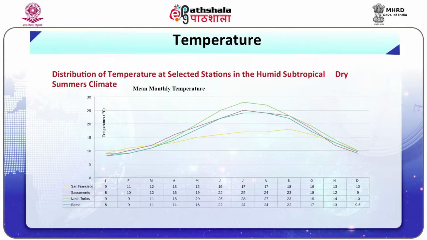Due to the absence of cold ocean currents in coastal parts of the Mediterranean Sea, summer temperatures are much higher. For instance, the average temperature of July at Rome is 24.4 degrees Celsius and at Izmir 28 degrees Celsius.